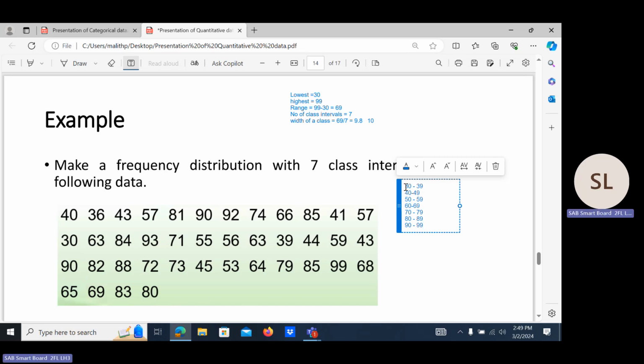Okay. Then these are what we call class intervals.